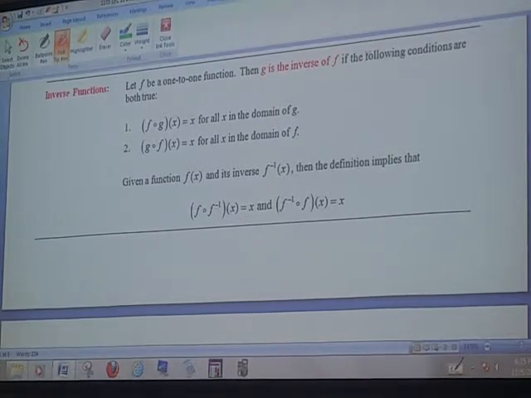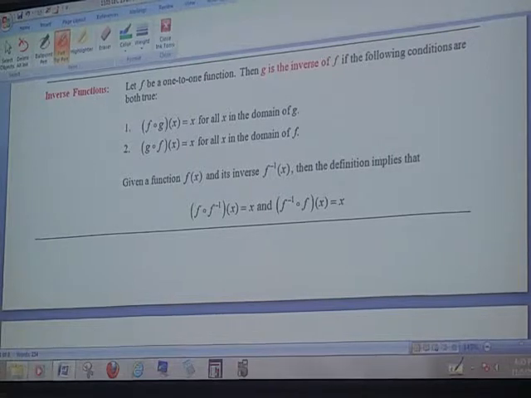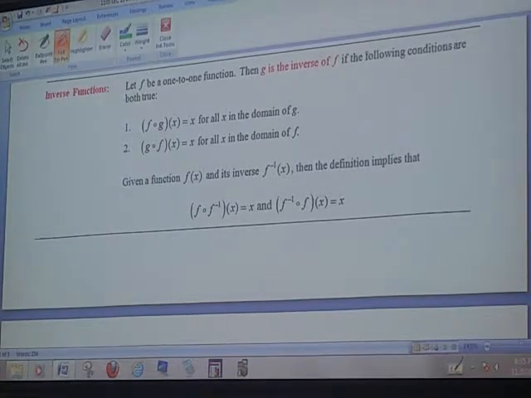Here's what the real test is going to be, and this is the test question. If I give you two functions and I say to you, are these things actually inverses of each other? Will one undo whatever the other one does? The test for that is to do compositions with each of them, and both times get an x for an answer.